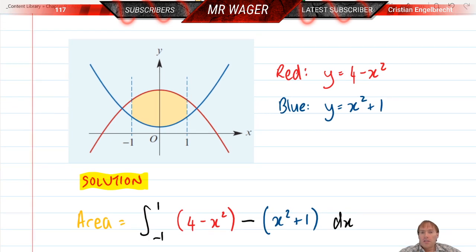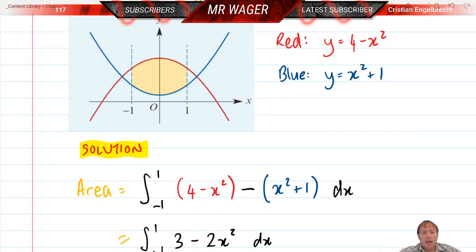One of the benefits of doing it this way is that you can do some quite simple algebra, simplifying this section before you do any anti-differentiation. It's just a case of 4 take away 1 is 3, and -x squared take another x squared is -2x squared. That makes our anti-differentiation process a lot easier too.